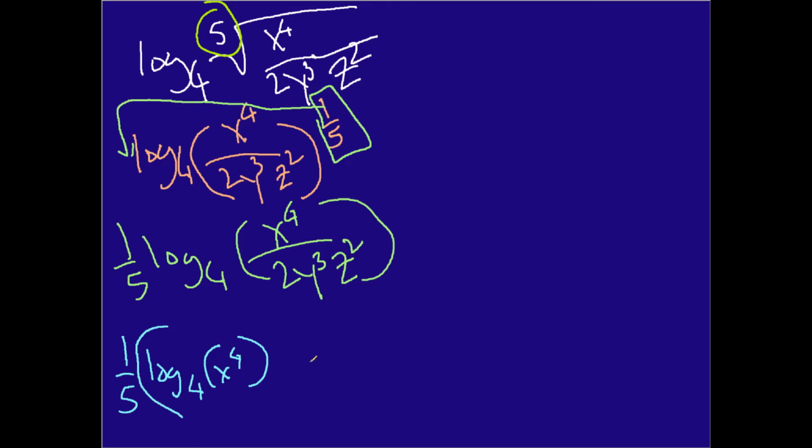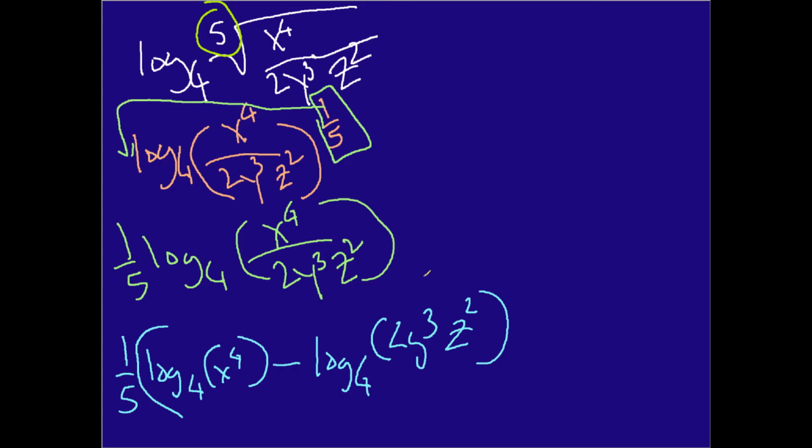And then I have minus log base 4, and inside that I have my 2y to the third power and then my z squared, like that. So this is an example of the quotient property.